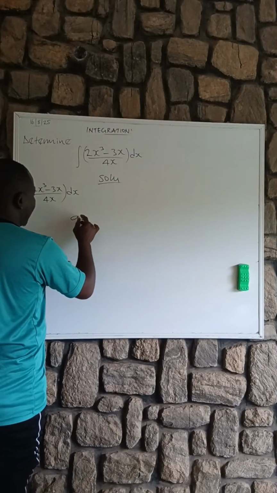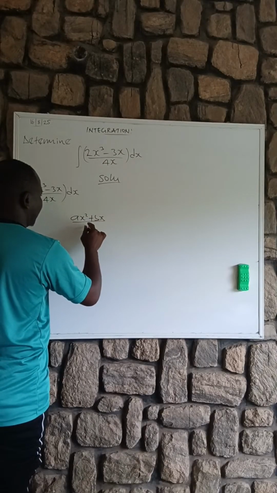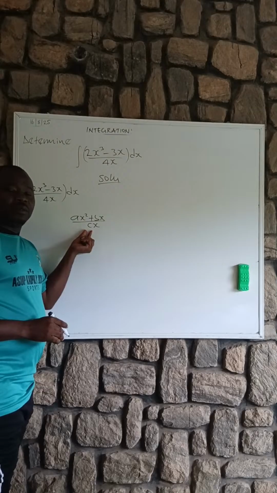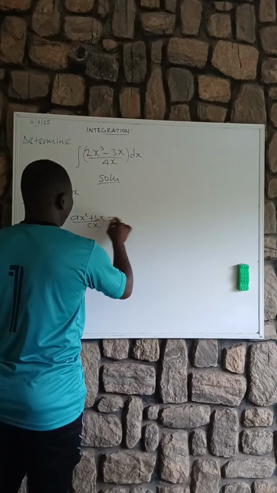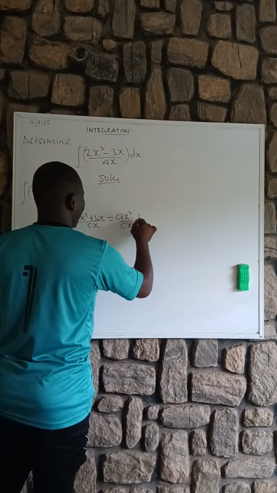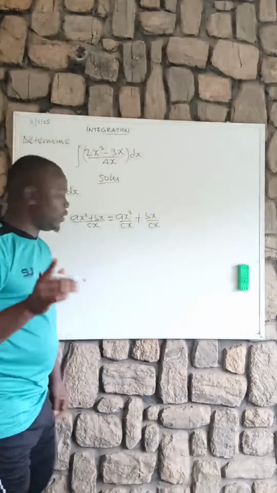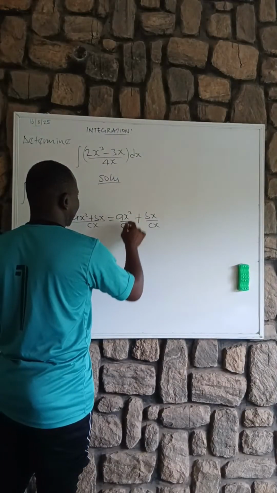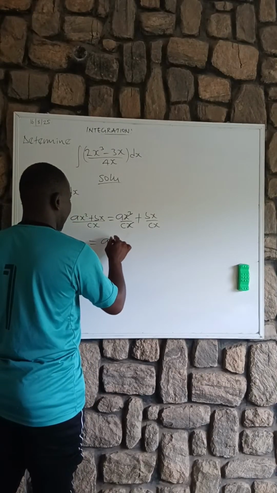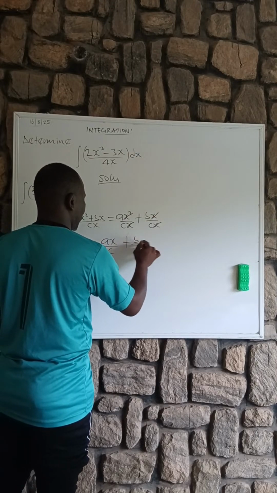When you have ax squared plus bx all over cx, we can still transform this in this form. This is the same thing as ax squared all over cx plus bx all over cx. So this and this will cancel to give us ax all over c, plus this will cancel to give us b all over c.